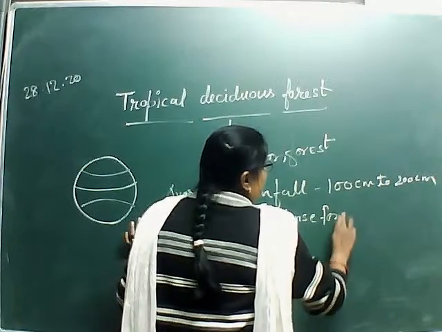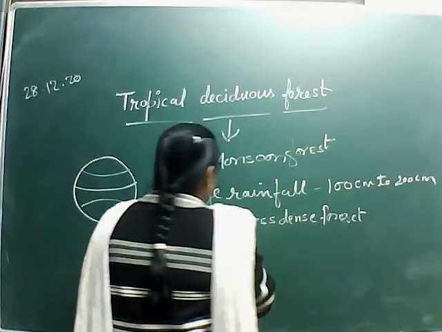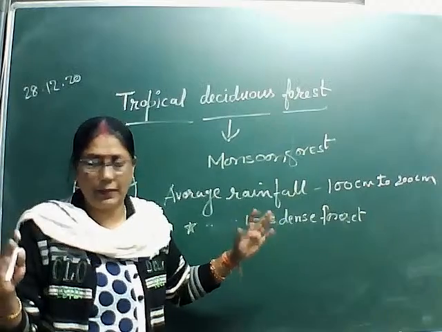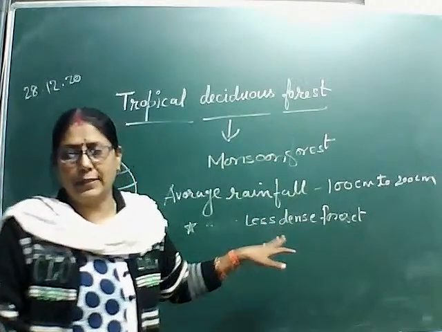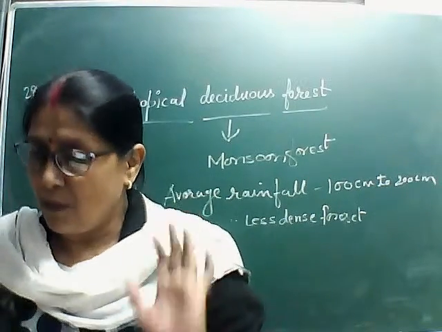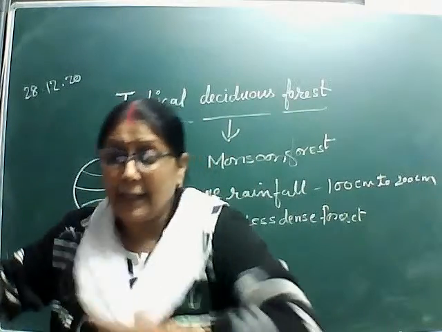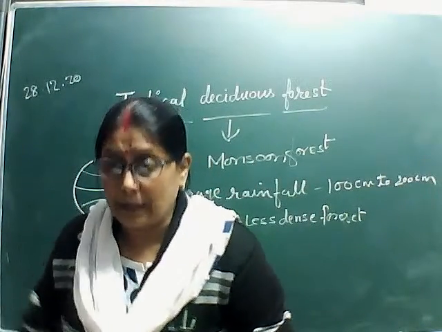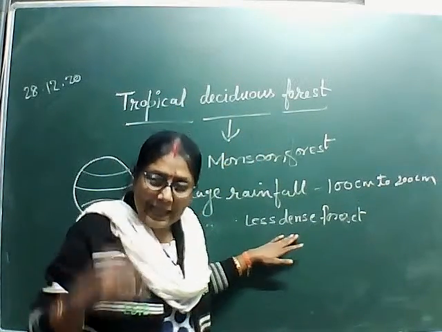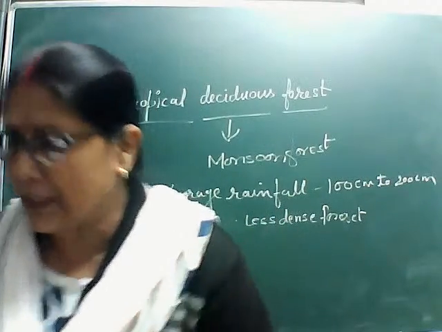Like in the rainforest we saw a dense forest, but here it is a less dense forest, meaning the forest is not that dense. Dense means very thick, where sunlight does not reach the ground, that is dense forest. But tropical deciduous forest is less dense, meaning sunlight easily reaches that part.